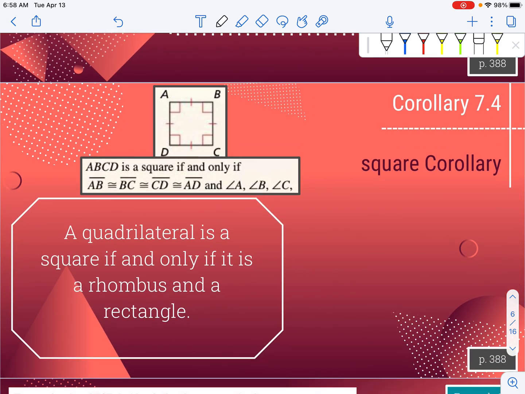And a quadrilateral is a square if and only if it is a rhombus and a rectangle. Now this time it's a little bit different, right? It doesn't say a quadrilateral is a square if and only if it has four congruent sides and four right angles, but it just says that a quadrilateral is a square if it is a rhombus, so having four congruent sides, and a rectangle, so those four right angles. So the wording is a little bit different there, but it means the same thing.